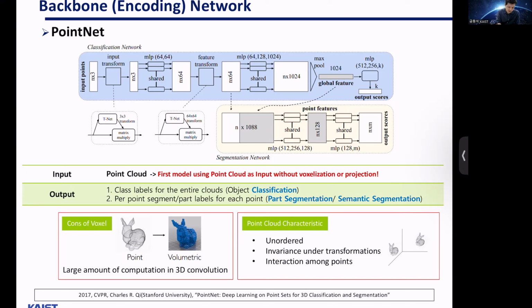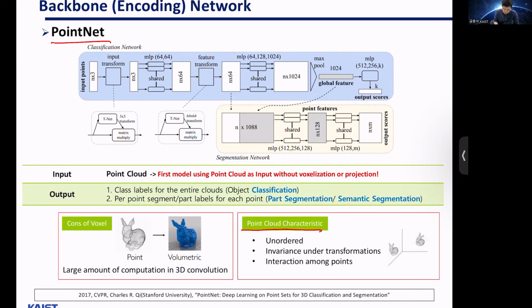One being PointNet, which uses the point cloud directly as an input, whereas we have the voxel-based encoder, which uses this voxel structure and downsamples points depending on the density of the point cloud within the voxels. So let's take a look at PointNet first.